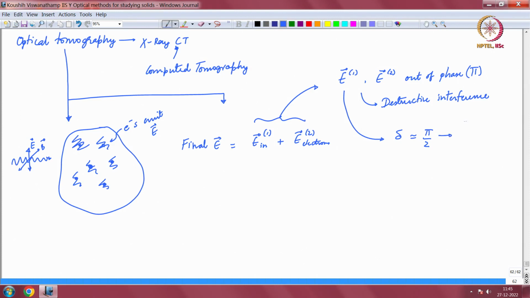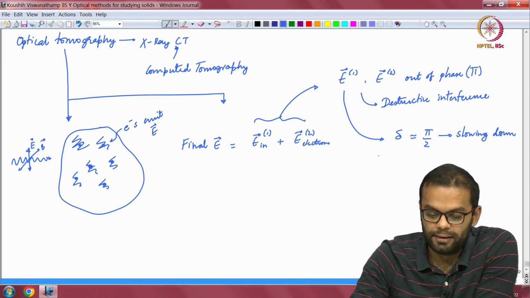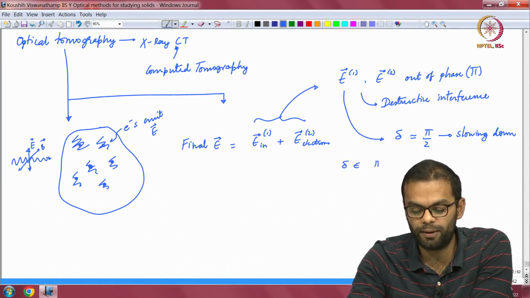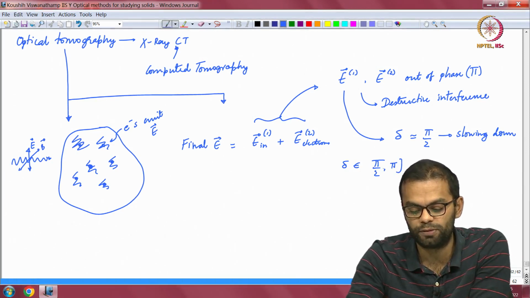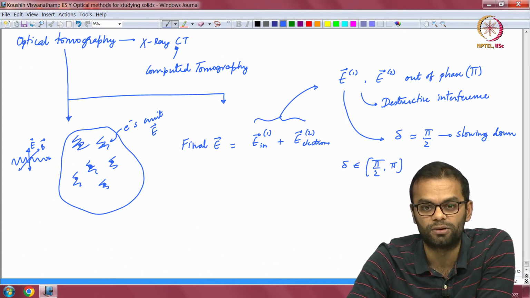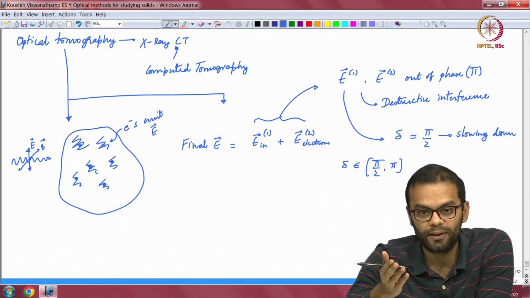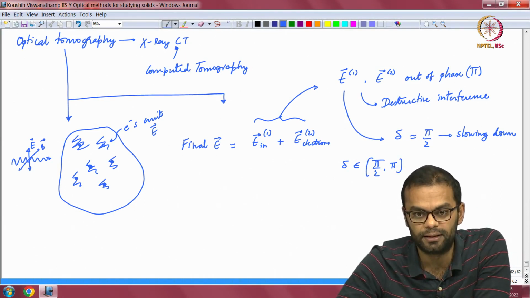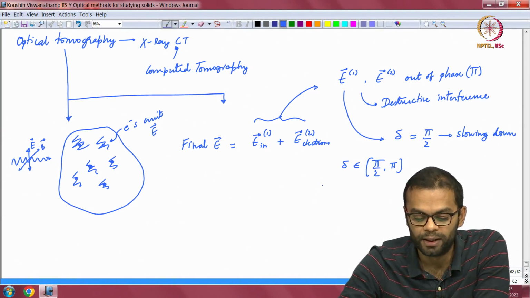So this was responsible for slowing down, right. Now remember we also said that the actual value of delta is somewhere between pi by 2 and pi, usually for most materials, right. We also mentioned that there is a possibility that delta can be close to 2 pi, in which case the two waves will add up, and that is what happens in a laser. We mentioned that in passing, but usually in most materials this is between pi by 2 and pi.